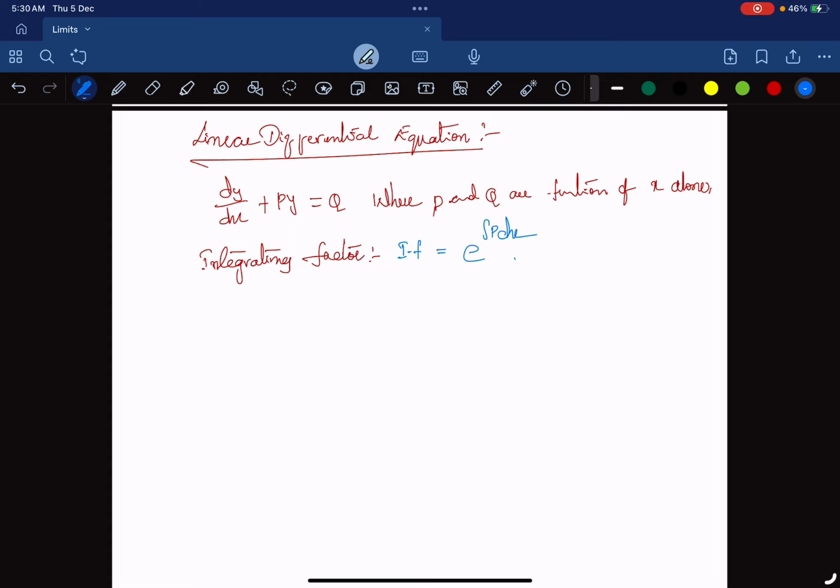Now, multiplying both sides of the equation dy by dx plus py is equal to q by e power integral of p dx, we get dy by dx plus py is equal to q, times e power integral of p dx.